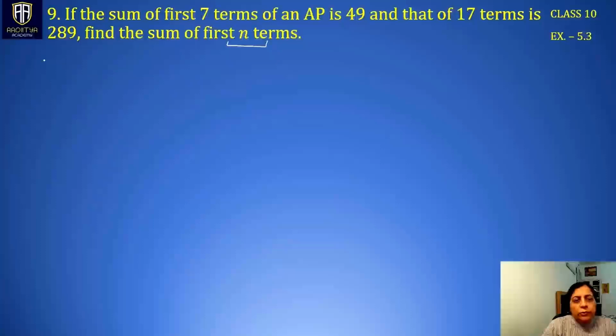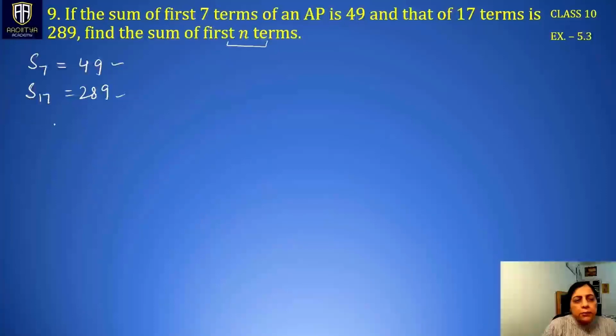So S7 is 49 and S17 is 289. These are the two things given to us. a and d, nothing is given apart from these two things, so we can make two equations from this data.